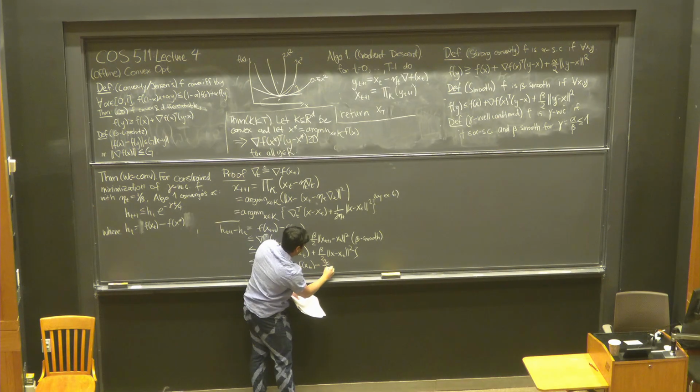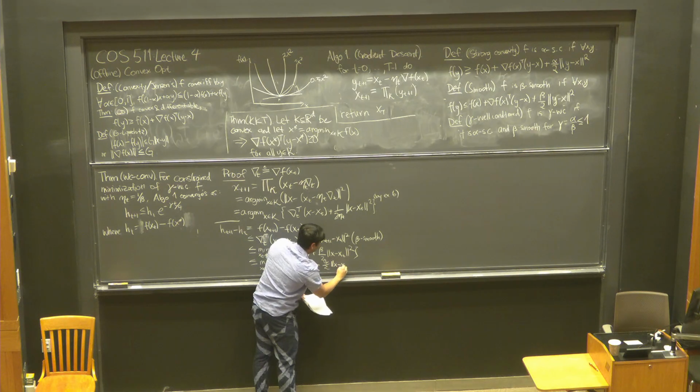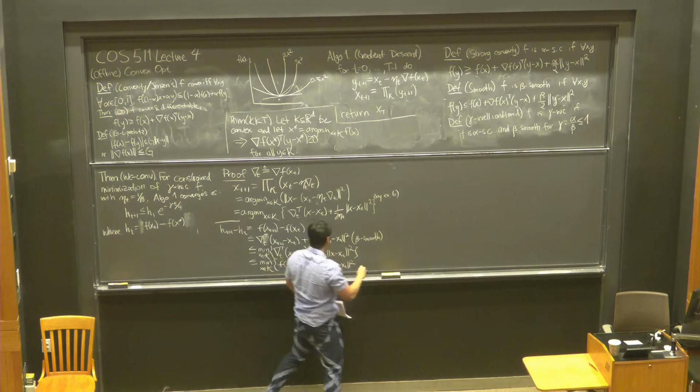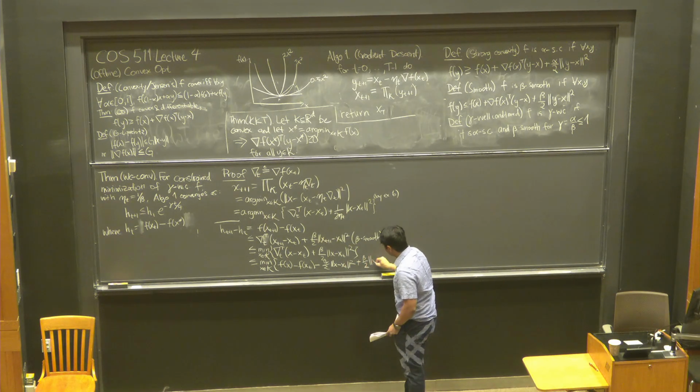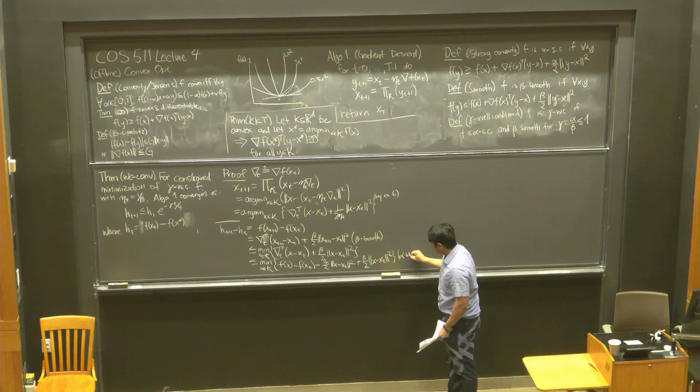So minus alpha over 2 x minus this plus beta over 2. Cool. And here we just applied alpha strong convexity.